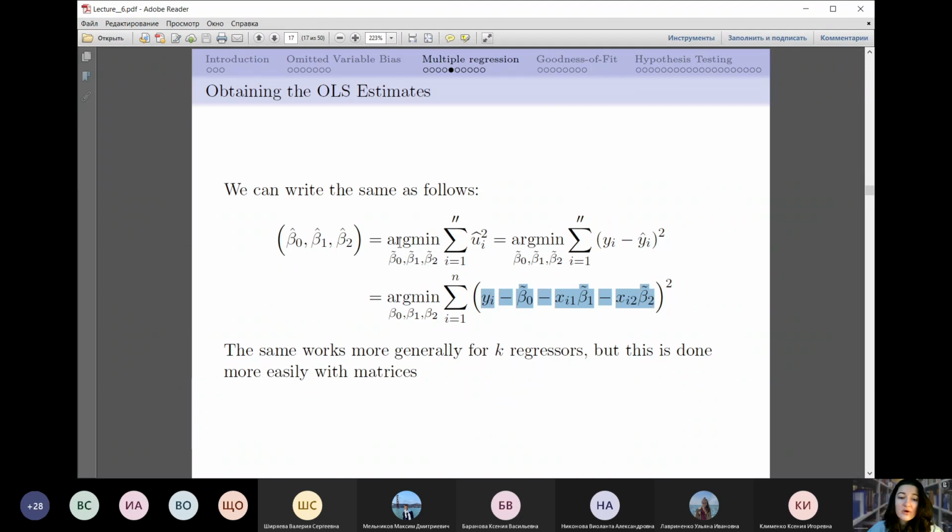In other words, you can use this notation with the arg min, where your parameters are chosen in such a manner to minimize this term, yeah.